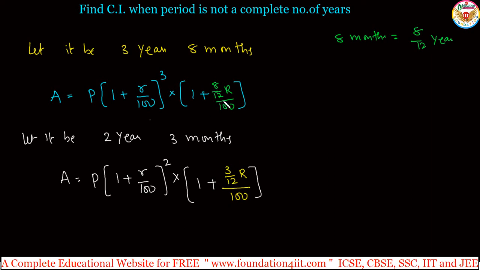If it's 8 months, it is 8 by 12 R by 100, that is 8R by 1200.